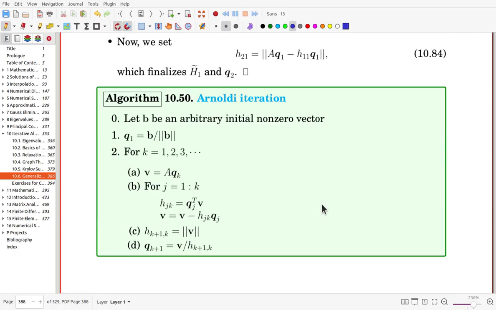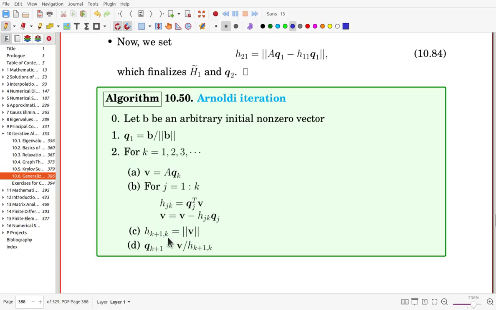Start with an arbitrary non-zero vector and normalize it to become Q1. And then this is the Gram-Schmidt process. And then for the remainder, of course, during the process we can get the quantities for H, and then measure the length of the remainder vector.